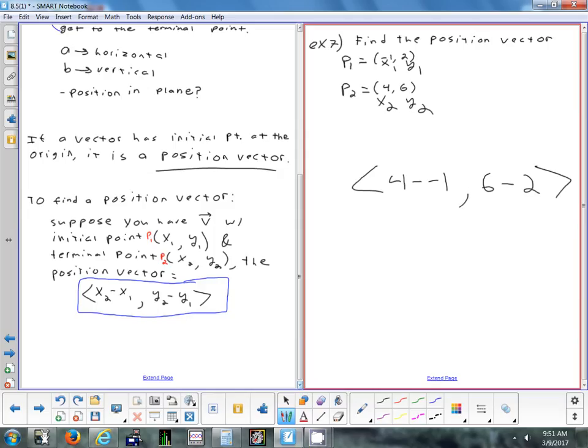We got to simplify that a little bit. What's 4 minus minus 1? 5. And 6 minus 2? 4. That's the answer they're looking for. That's it.